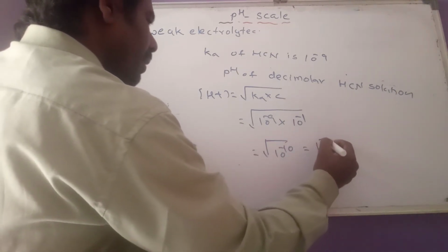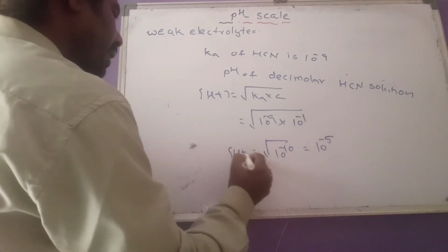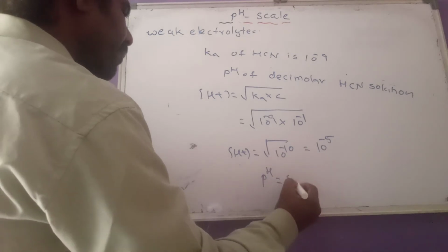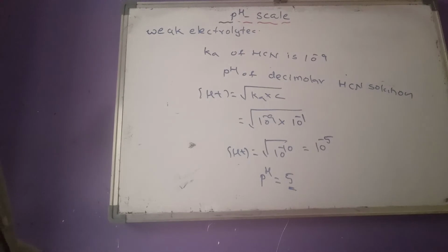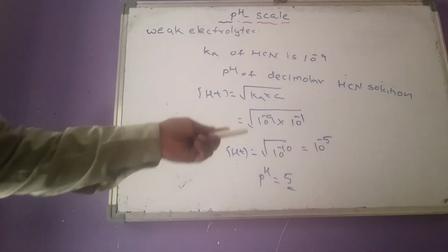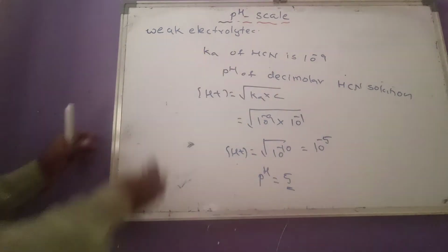Root over 10 power minus 10 gives 10 power minus 5. So if the H plus concentration is 10 power minus 5, the pH of this solution is 5. Like this we have to calculate pH using the Ka value and concentration.